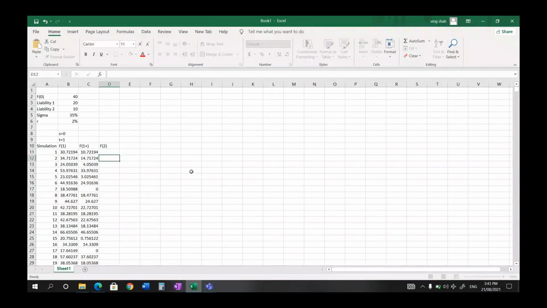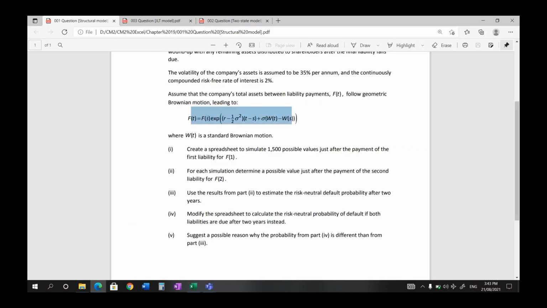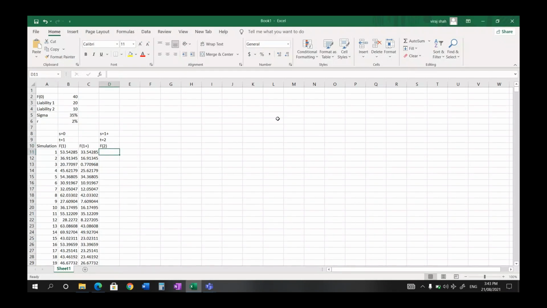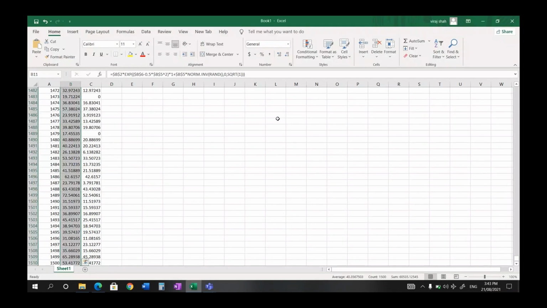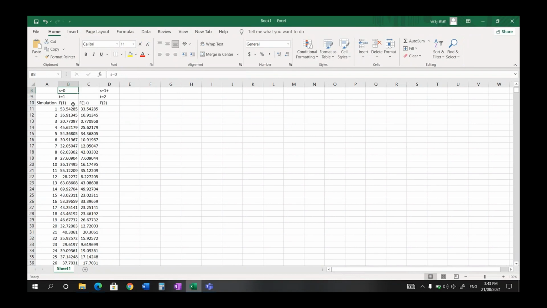So you're calculating for t equal to 2 and s equal to 1 plus. This will be your fund after your payment has been made. This would be F2. Everything remains as it is, so I'll just copy paste the formula and amend it here only.